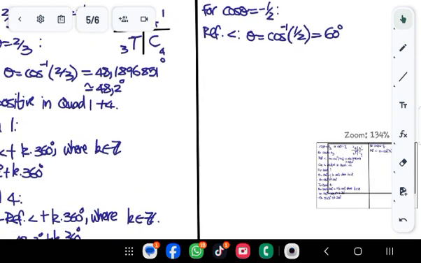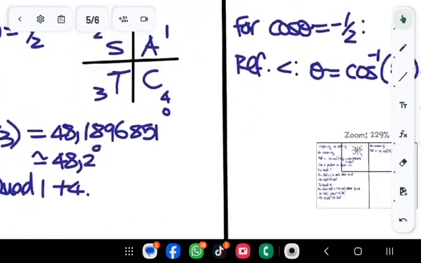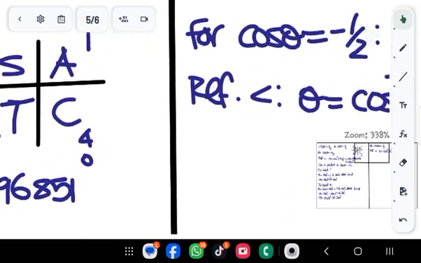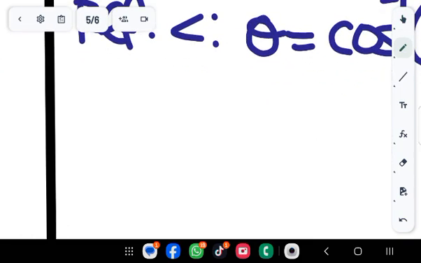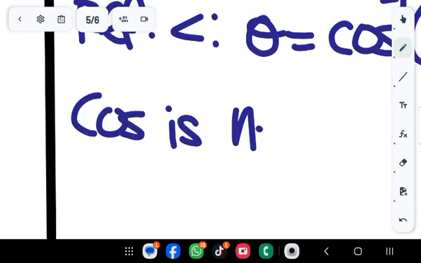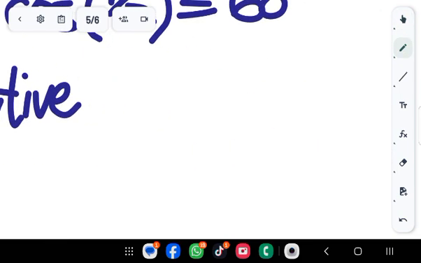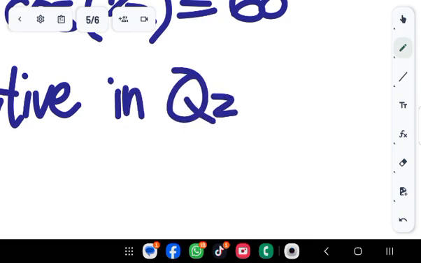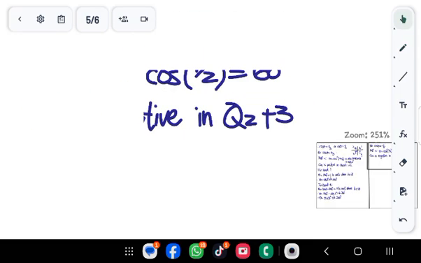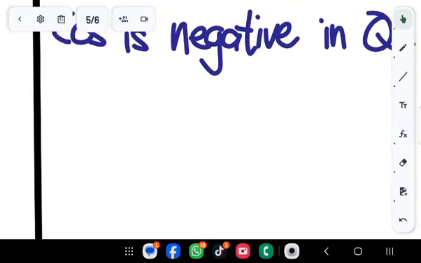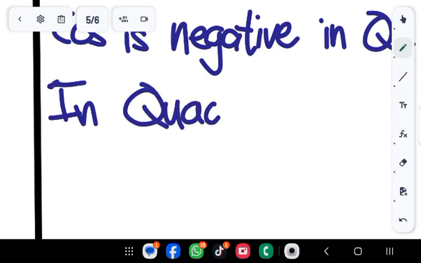Now cos is negative according to the CAST diagram. Cos is negative in the second and third quadrant. Let's start with quadrant 2.